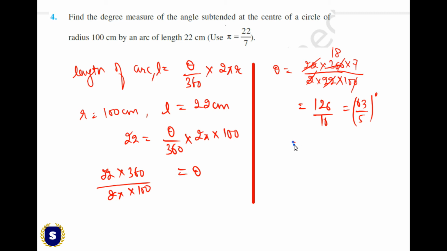Okay, you can convert it into mixed fraction also. That comes out to be 12 3 by 5 degrees. Okay, converting it into minutes, we will get 12 degree and 36 minutes. This is the final answer. Let us now do the next question.